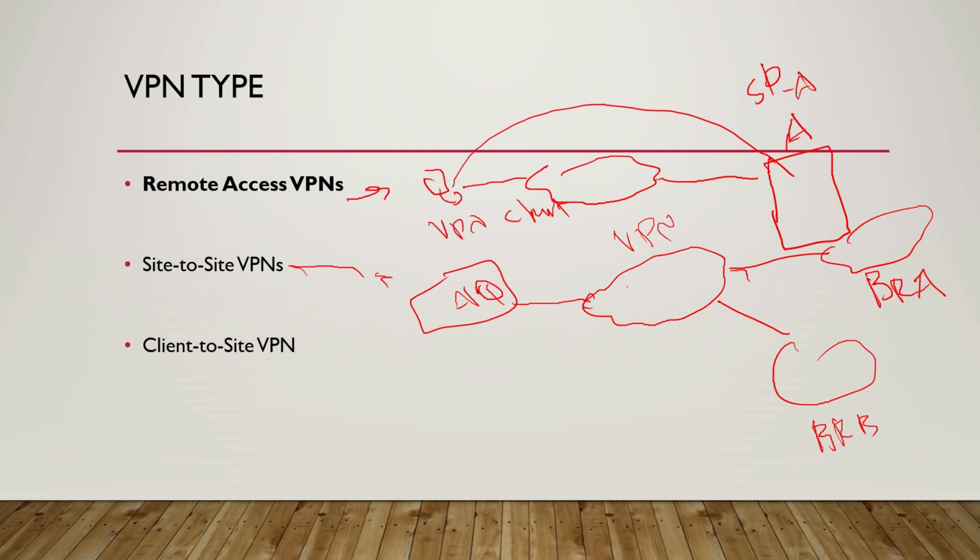For the third type, client-to-site, it seems like remote access, but it is for specific apps. To give a simple example, let's suppose we are at a university, and the university offers a training for the students for one month. The university will ask students, if you want to access these materials, you need to use a specific VPN.